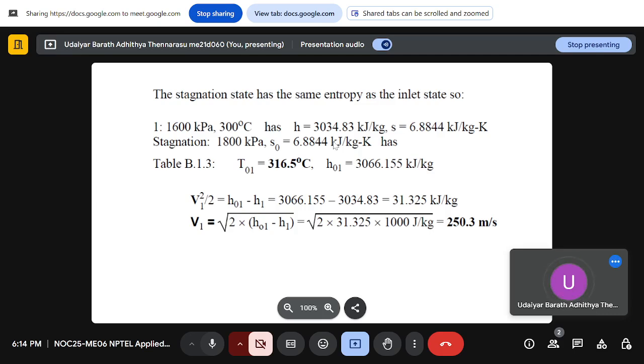So next is, correspondingly the entropy is 6.8844 kilojoule per kg Kelvin. Next is stagnation. At stagnation, your pressure is 1800 kilopascal. So at this point, your entropy is 6.8844 kilojoule per kg Kelvin.